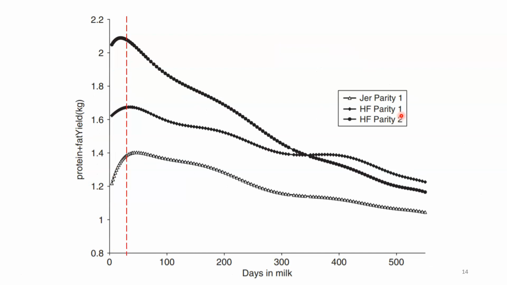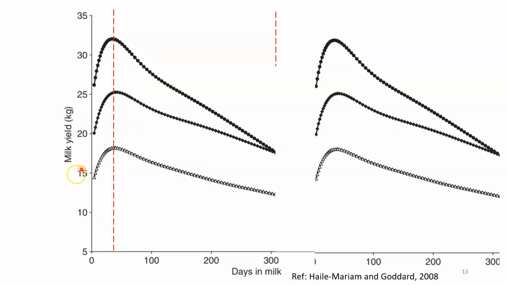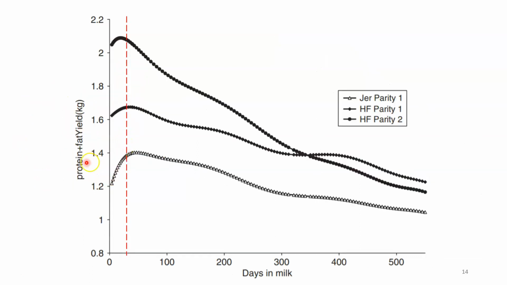Okay, so remember we were looking at total milk yield, daily milk yield. And if you look at the protein plus fat yield, so in Sri Lanka, we still, that's not entirely true, we do look at the quality of milk, which is fat. We mainly look at fat.